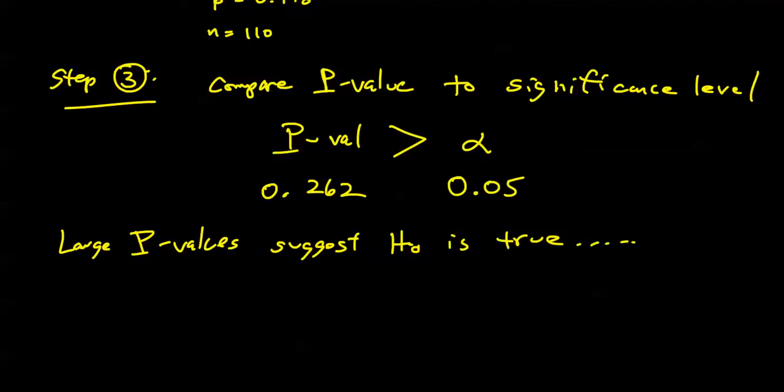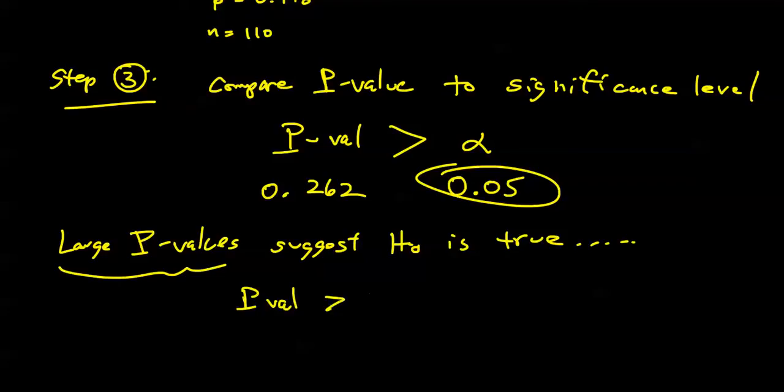In other words, our data isn't strong enough to warrant rejecting the null claim or the null hypothesis. Well, large p-values, you may say, how large? Well, larger than alpha. So large p-values suggest H0 is true. So in that case, if my p-value is greater than alpha, I fail to reject the null hypothesis.